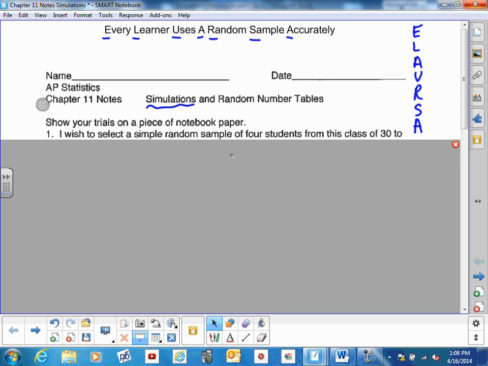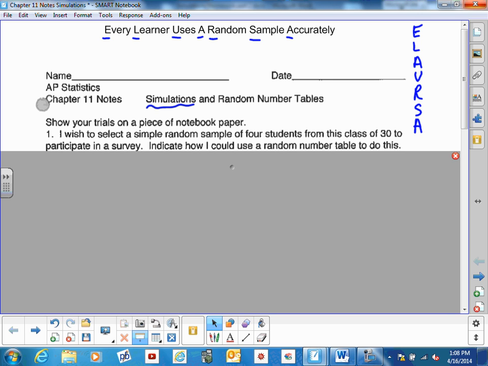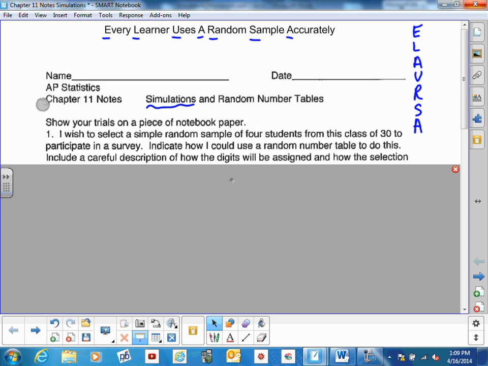All right, so here we go. Number 1. I wish to select a simple random sample of 4 students from this class. That's the goal. There's a class of 30, and they're going to participate in a survey. Indicate how I could use a random number table to do this.